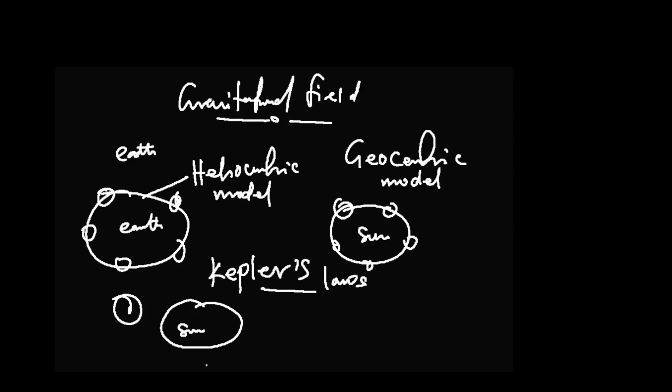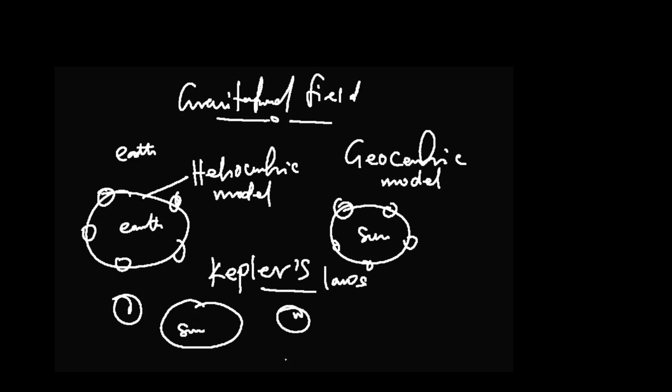You will understand this if you have taken a course on conic sections, that is the equations of circle, ellipse, hyperbola, and parabola. So you understand what I'm trying to say here. For him to say that the planets describe an ellipse with the sun as one focus means the sun is closer to some planets than other planets, though it is at the center. So that's the first law.